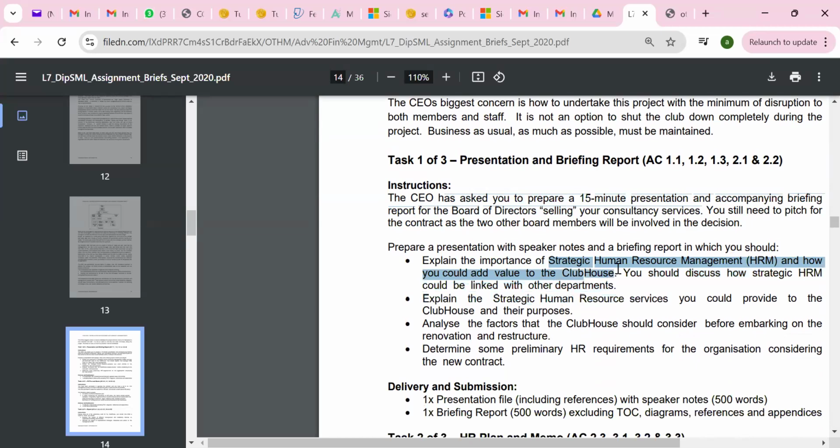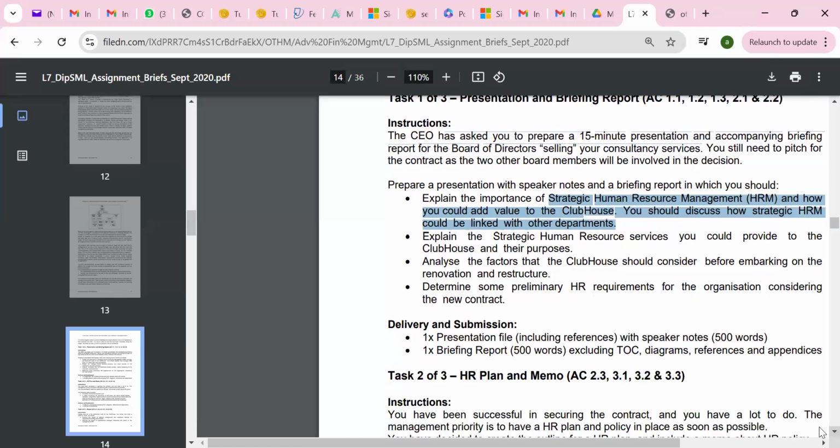Your recruitment and selection policies should be discussed, along with the strategic links with other departments. Of course, if you have the right person, the right staff. So in your presentation you can include what strategic human resource could provide to the club and its purposes.